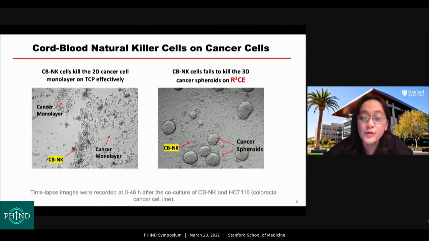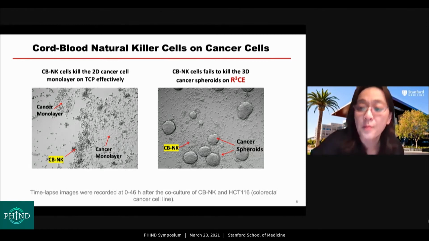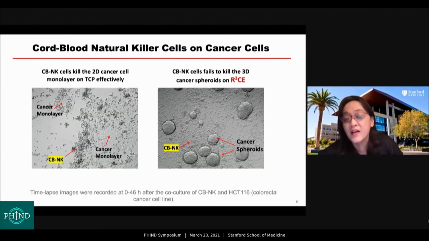But here's a twist. On the left are cancer cells on a tissue culture plate forming 2D structures. On the right are cancer cells forming spheroids on our RCE plate, and I will talk more about its mechanism and other applications.